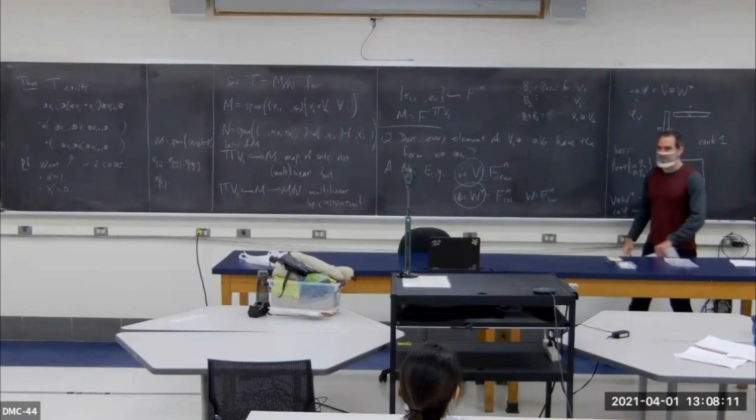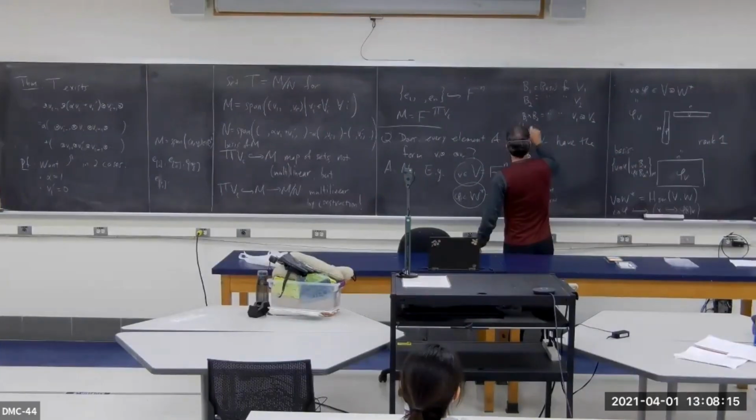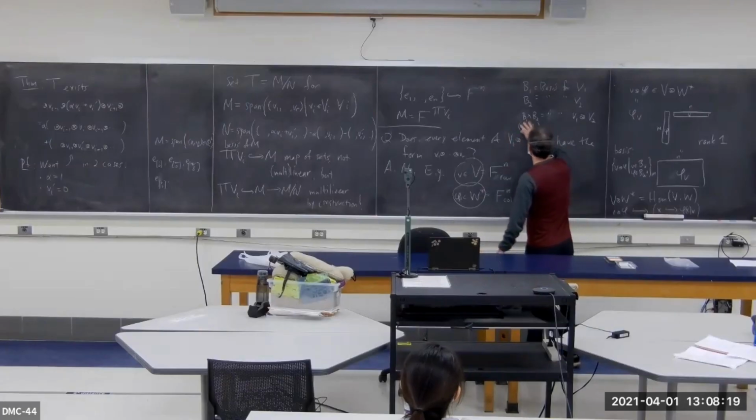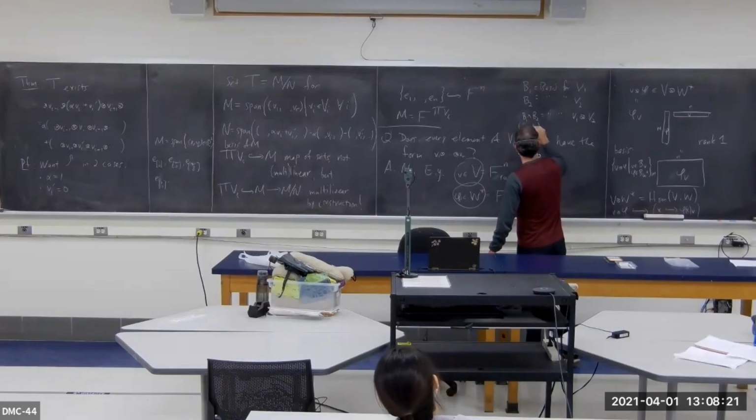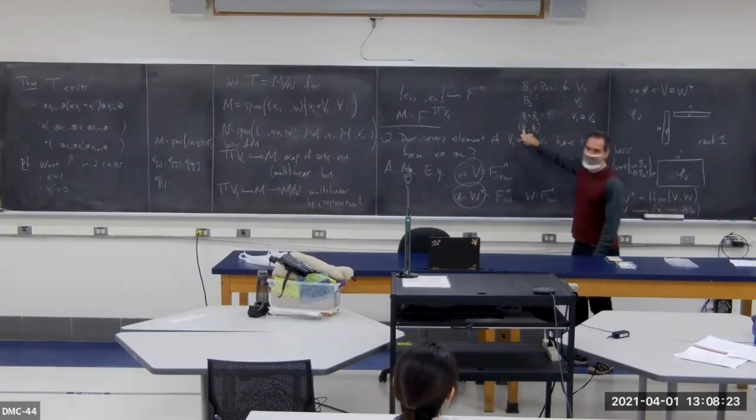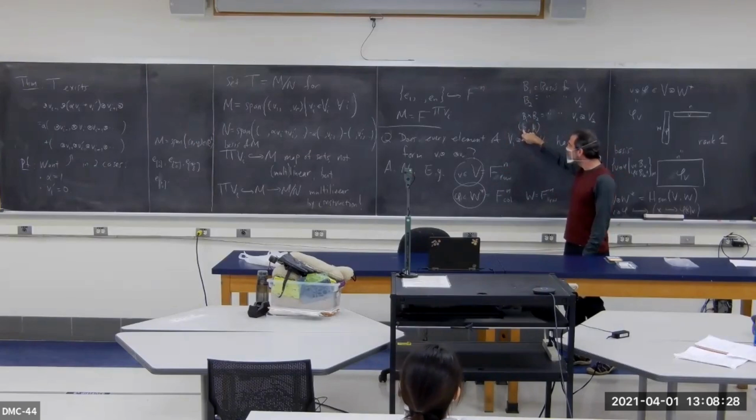And what that means is, so what is this? This is going to be V1 comma B2, where this is, maybe let's call it E1. No, E1 V2. So you should think of this as E1 through EM, and this as E1 through EN.